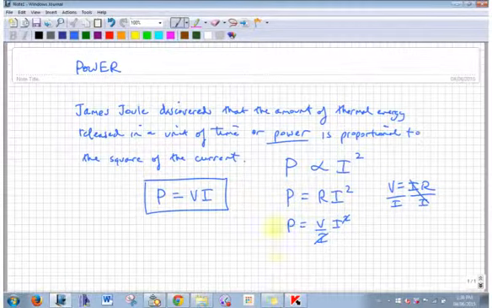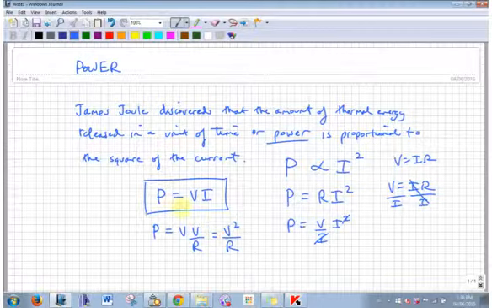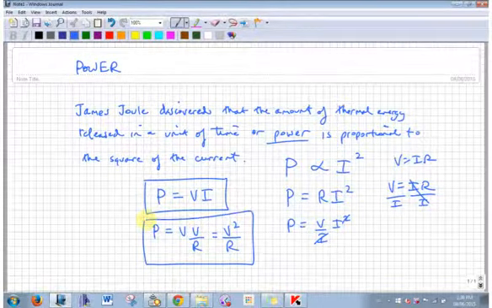But with Ohm's law, you can solve that a couple of different ways. P is R I squared, or if I want it in terms of voltage, what's I? I is V over R. So that's another formula: P is V squared over R. Depending on what you're given, there are 3 options to calculate power.